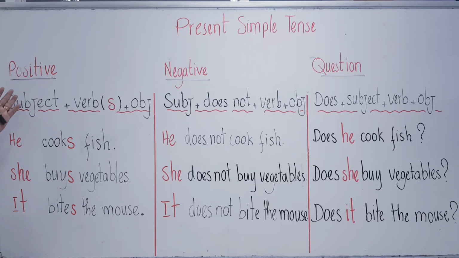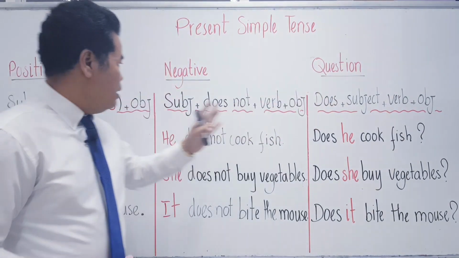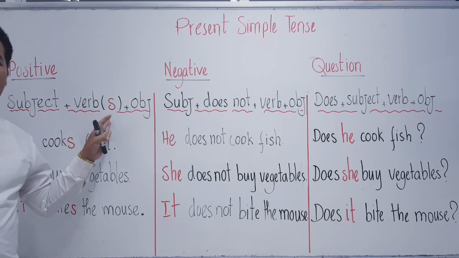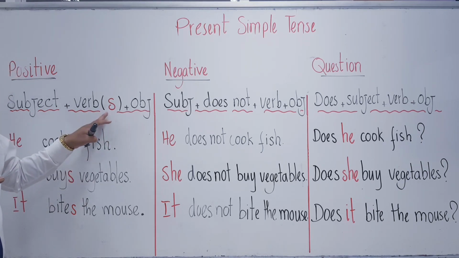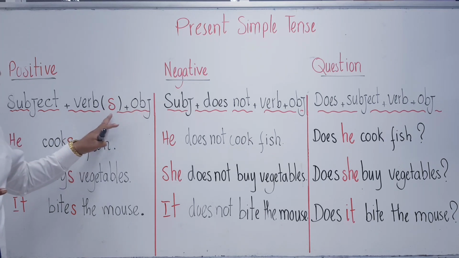On the whiteboard, I divided it into 3 forms: positive, negative, and question. You can see the form. The normal form of the positive is subject plus verb, 80% of the verbs, V plus S, and plus object, just only 80%.